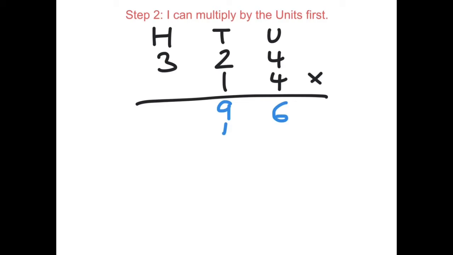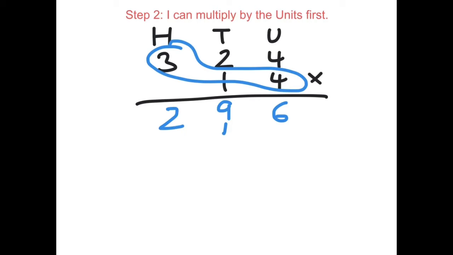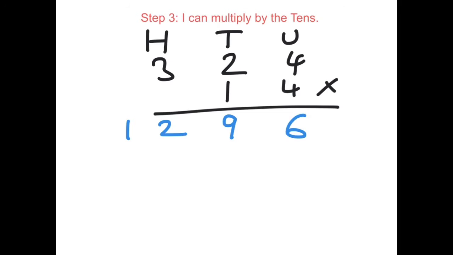So all we have to do now is multiply the 300 by the 4 units. So 3 times 4 again gives us 12. And we put the 2 there, and we have the spare 1 there. So at the moment we've got 1,296.